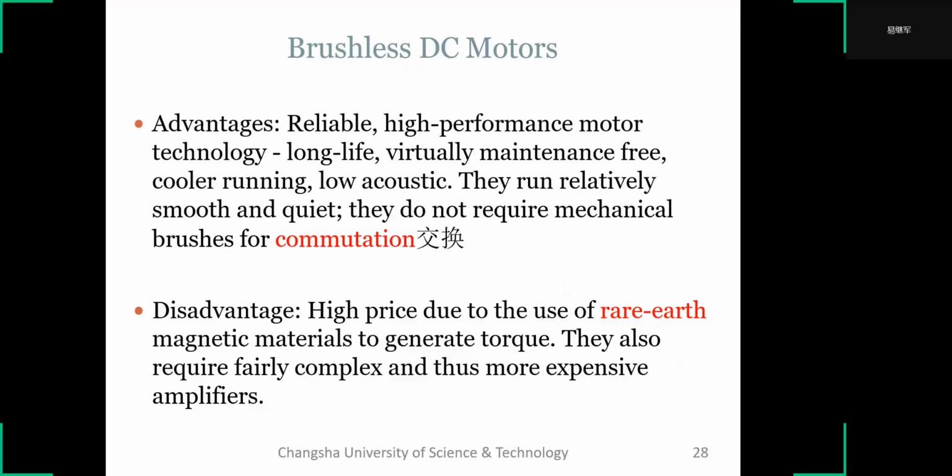Advantages of the brushless DC motor: reliable, high performance motor technology, long life, virtually maintenance free, cooler running, low acoustic noise.